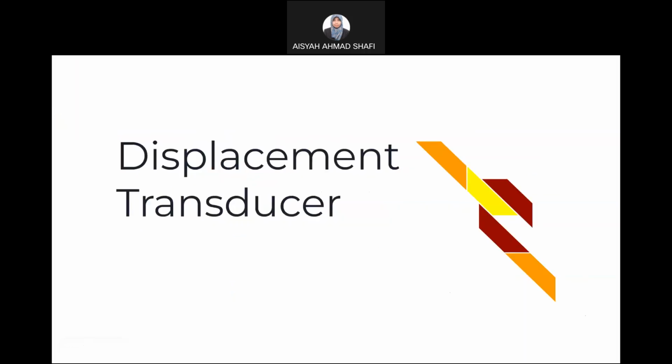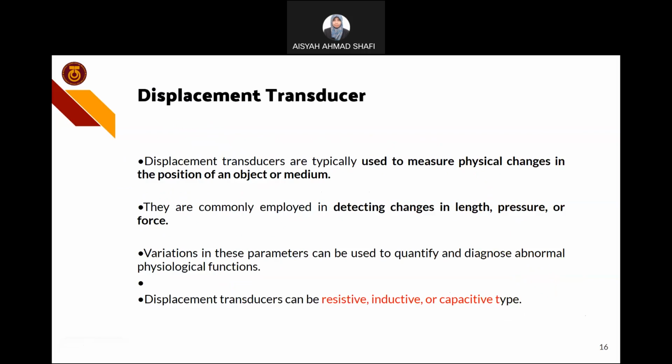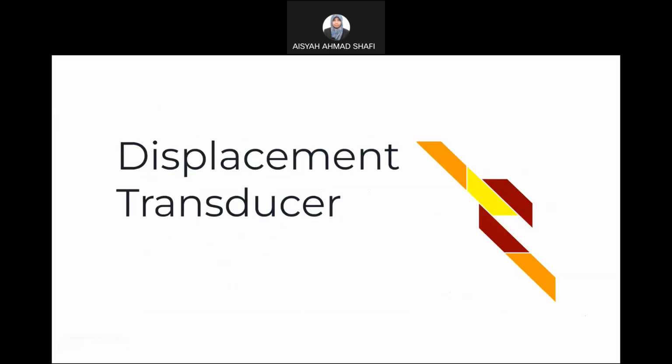Okay, so for the transducer, from the measuring input, there are several types. The transducer can be divided into displacement, temperature, capacitive, and inductive.